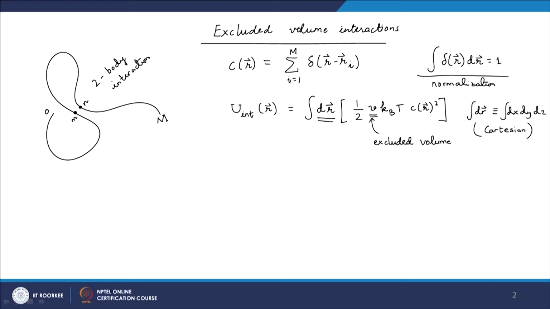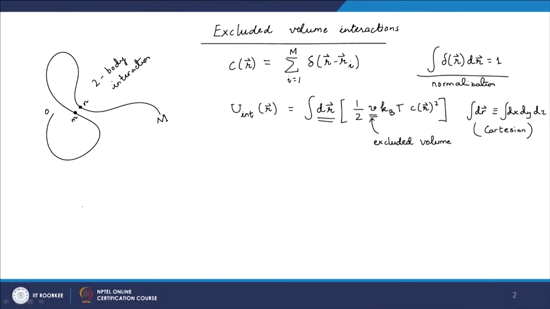But in practice, it can be the case that three segments come together close to each other, and in that case we have to think about a three-body interaction. Okay. So, the idea is something like this. Now instead of just two, there can be three, referred to as say M, N and P, close together and they interact.